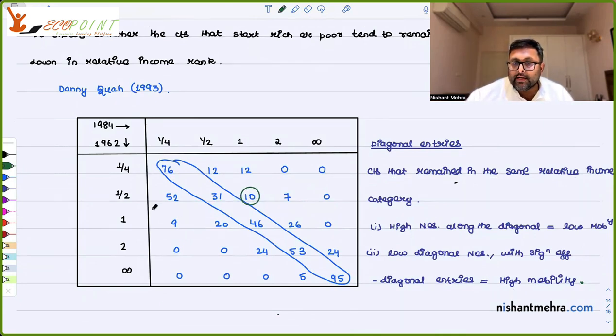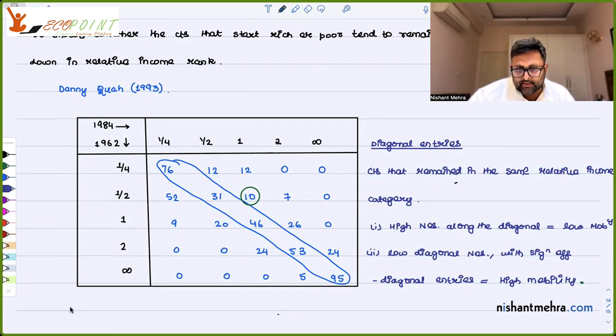So it tells you what? 10% of the countries were earning half of the world average in 1962, and now they are earning up to world average in 1984. So off diagonal entries are telling you what? They are telling you whether mobility is going up or down, right? So these are the off diagonal categories.